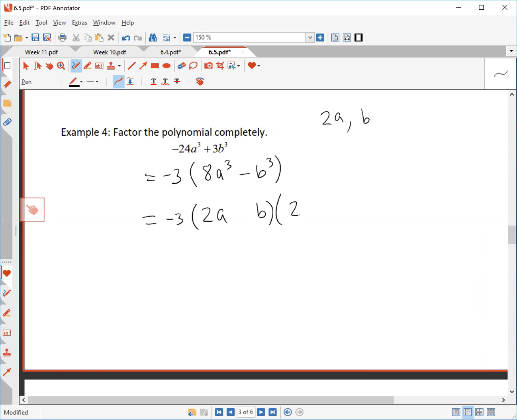And now we square the 2A, take the product of the 2A and the B, and square the B. SOAP: same sign, opposite sign, always positive.